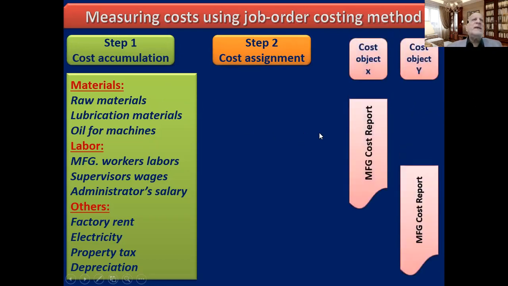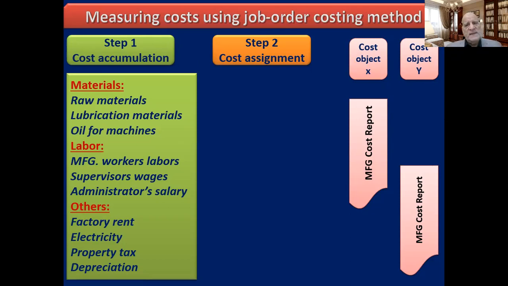Assuming that we produce only 2 types of cost objects. The first is called cost object X, for example. The second will be called cost object Y. And now we want to assign these accumulated costs to these 2 job orders.